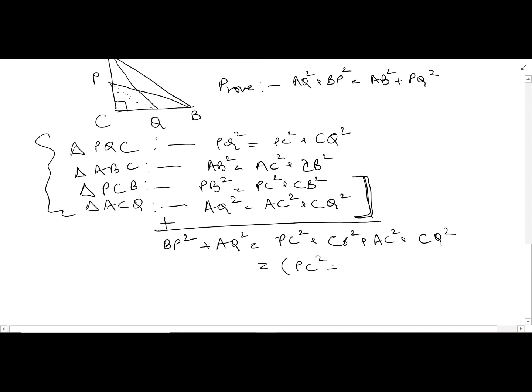PC square plus CQ square plus AC square plus CB square. Now we are basically grouping these two together based on this. So this will be equal to PQ square from above, and this will be equal to AB square from here. Therefore, we prove.